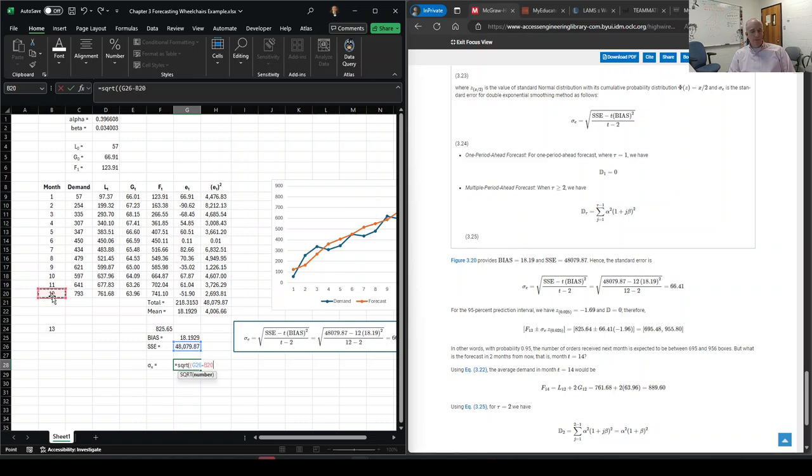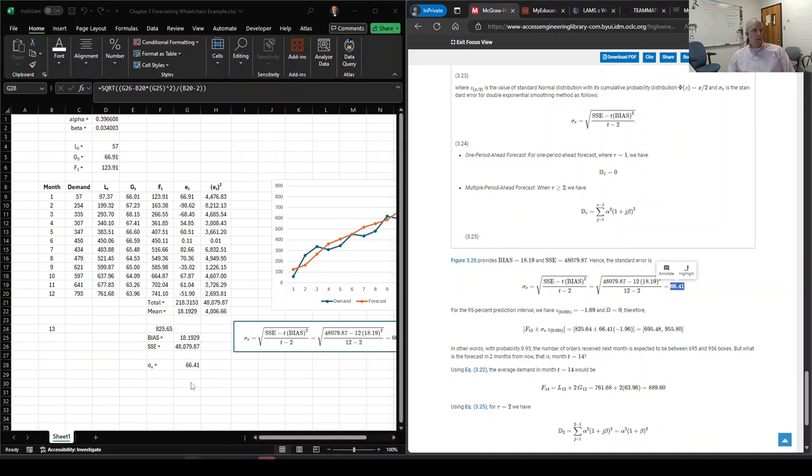T is time. Times my bias, and that's going to be squared. I'm going to close my parentheses, divided by, open parentheses, my month again, T minus 2. Okay. That is the standard error equation. So when I do my standard error, it comes out to 66.41. Look at that. It worked. We got it. It's a great sign.